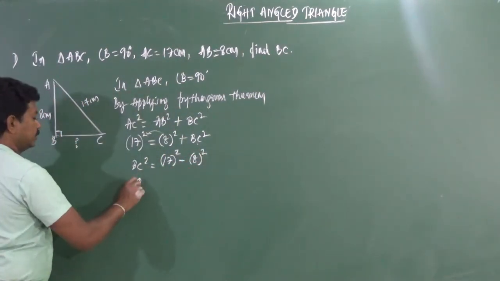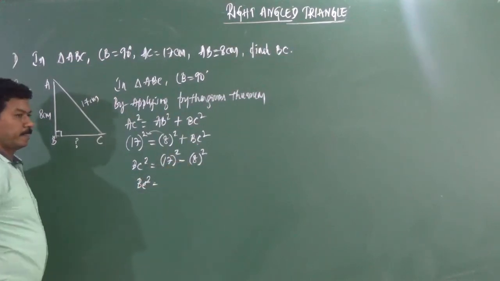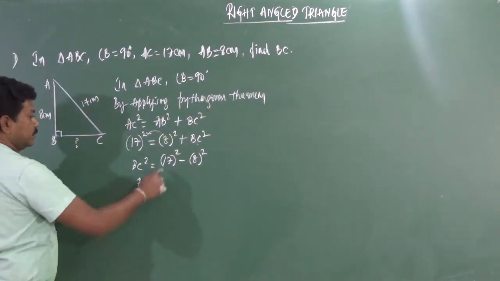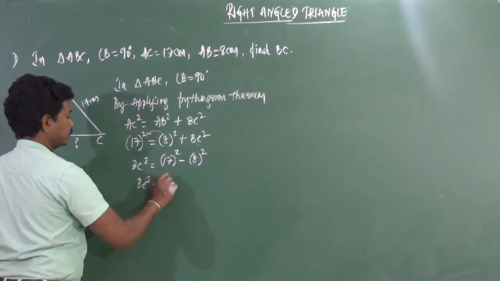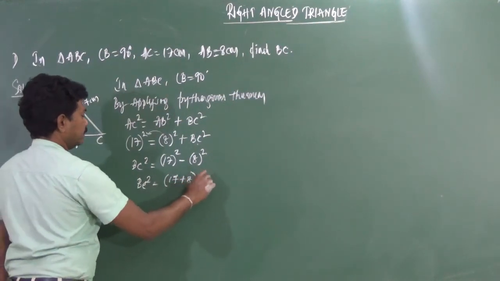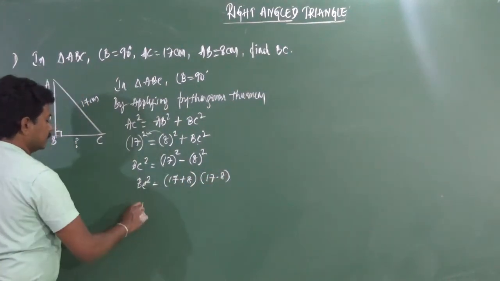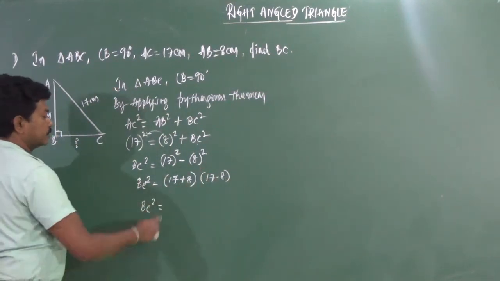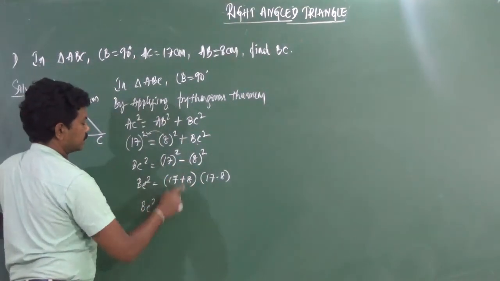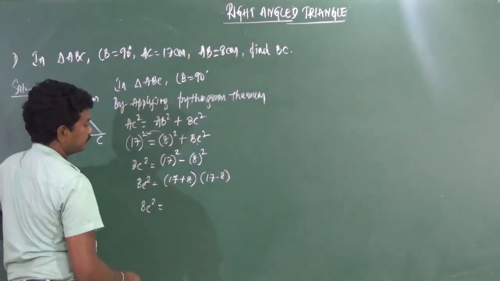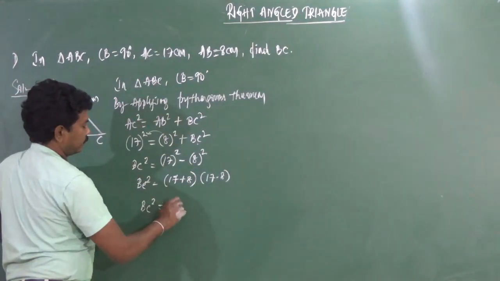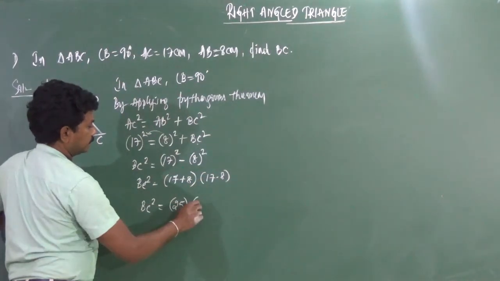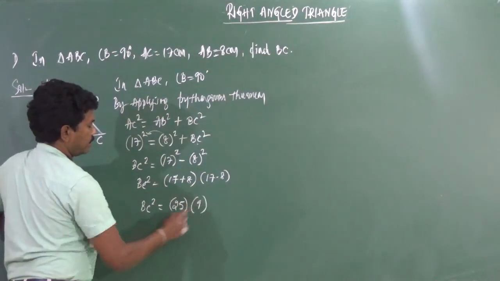So BC square is equal to 17 square minus 8 square, after sending 8 square to the left side. It looks like a simple formula you learnt in your 8th standard class: a square minus b square, which can be written as a plus b into a minus b. So 17 plus 8 is 25, into 17 minus 8 is 9.